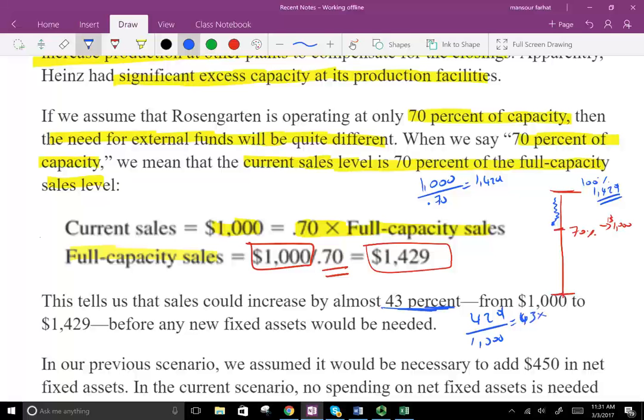So they could increase their sales by an additional 43% without the need of any new fixed asset. In our situation, they only increased their sales by 25%, to 1,250. They did not use their full capacity.